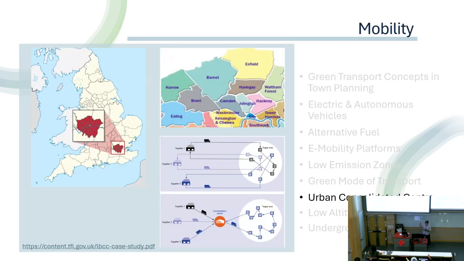So here, in the bottom left-hand corner, you can see before we have individual suppliers supplying their office materials, building materials to each individual construction site or each individual government office.